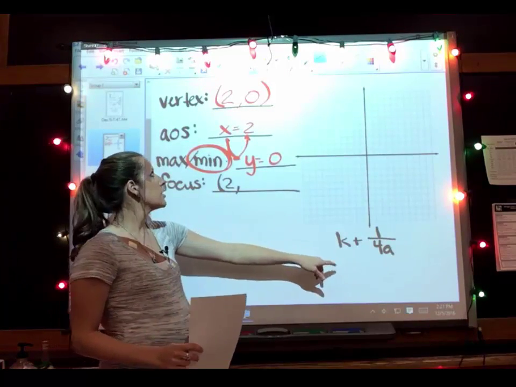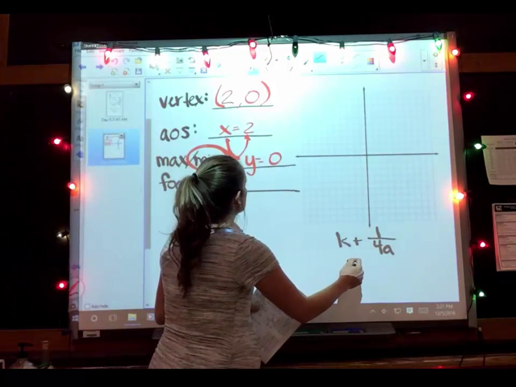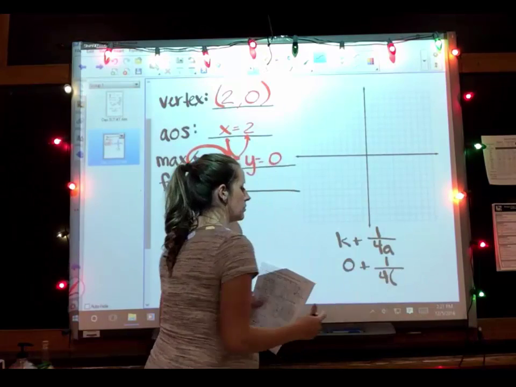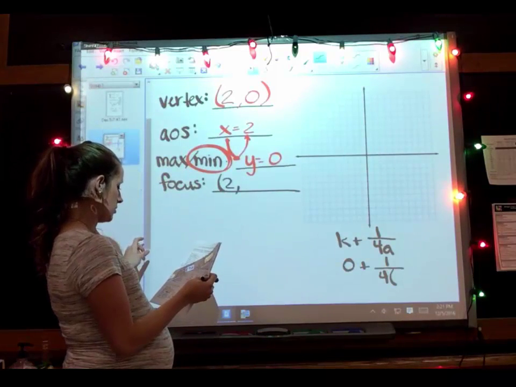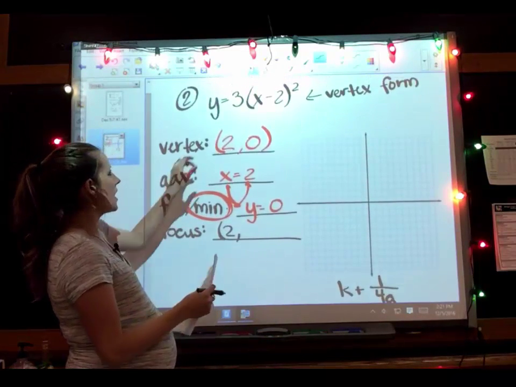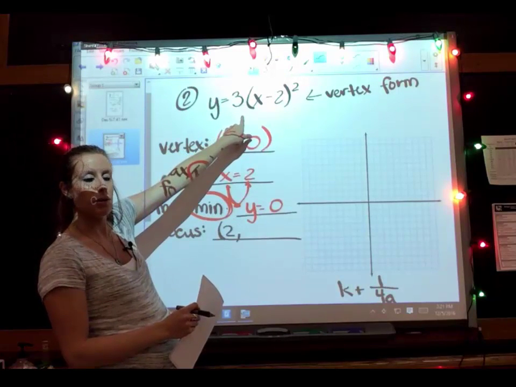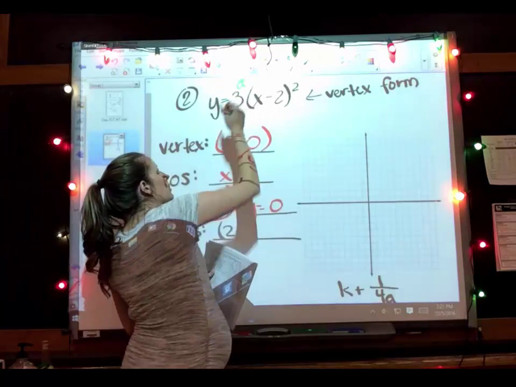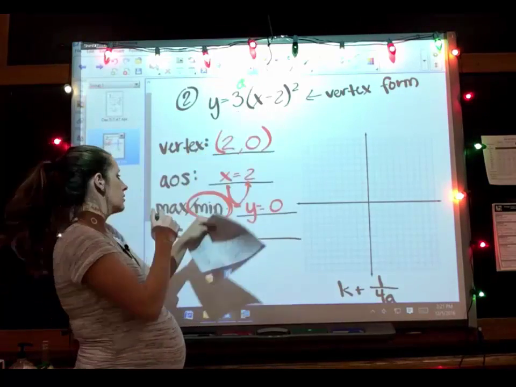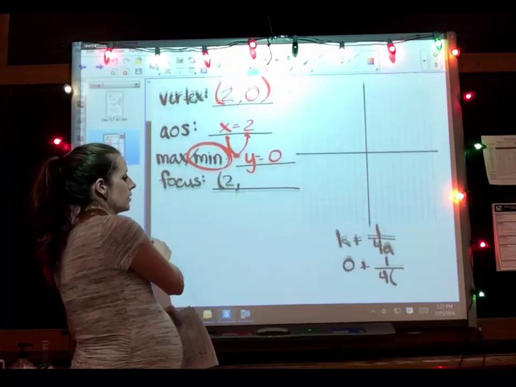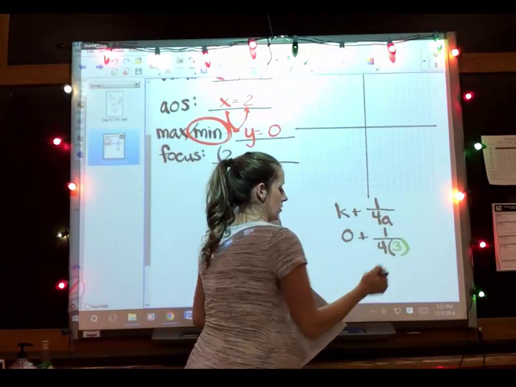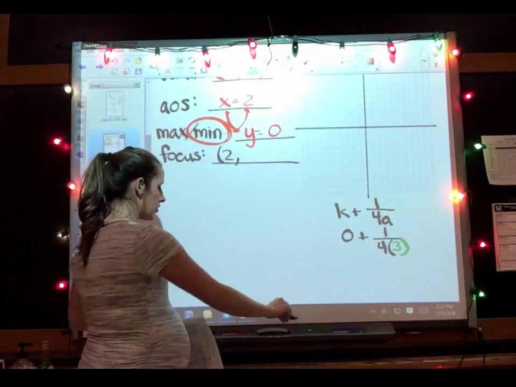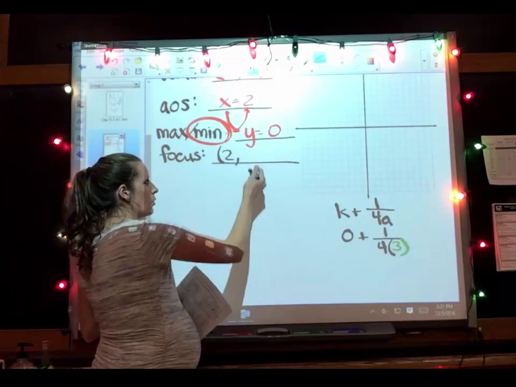So we're looking at 0 plus 1 over 4 times, let's see, a is going to be that very first number. So a for this problem is going to be 3, and I'm going to plug that in. So the y value of my focus is going to be 1/12.